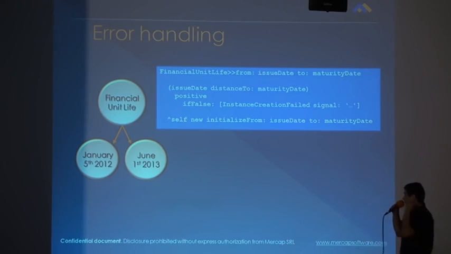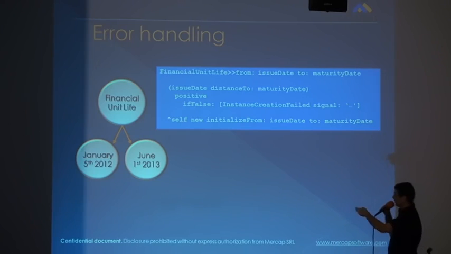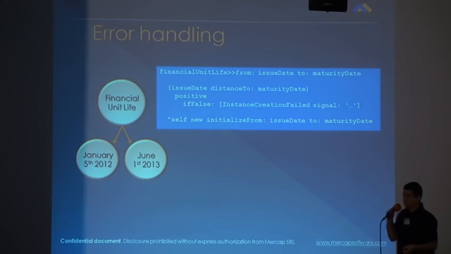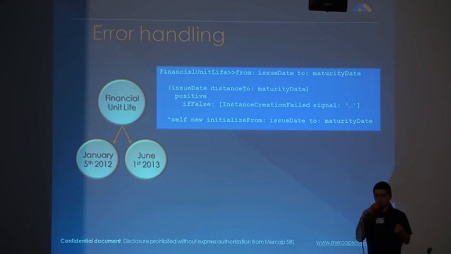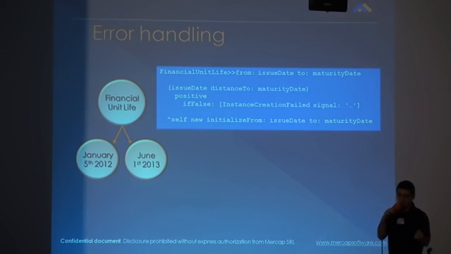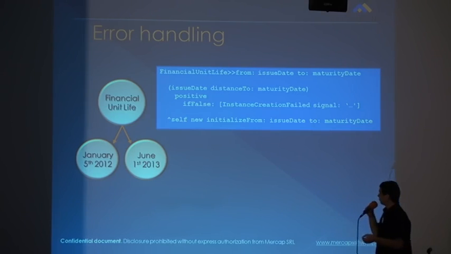For example, if we have an object called financial unit life, which represents the life, the issue and maturity date, of a financial unit, for example, a bond or a stock.